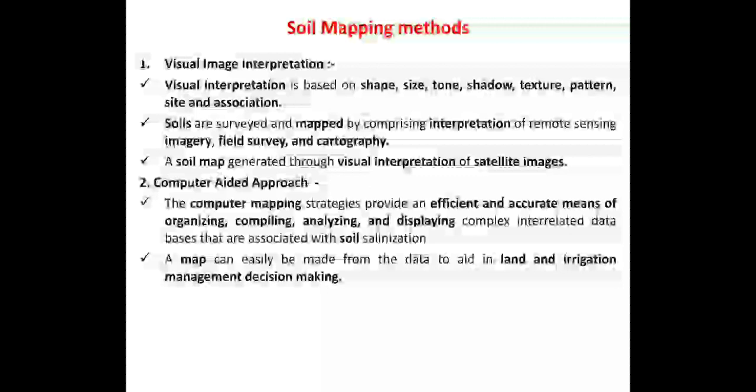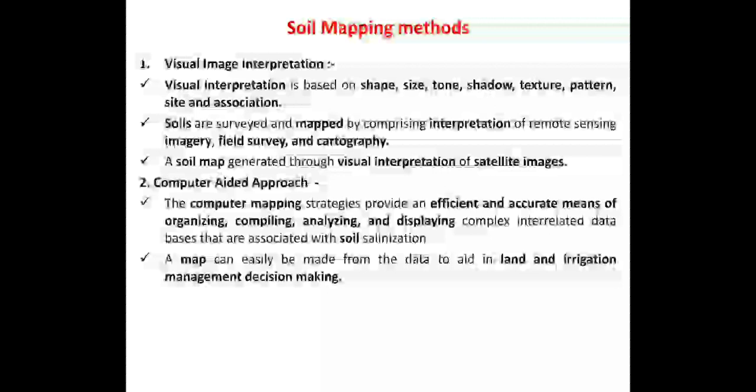Then soil maps are generally generated through visual interpretation with the help of satellite imagery. Then cartography. Cartography means the maps which are prepared with the help of the data analyzed with a digital computer device.